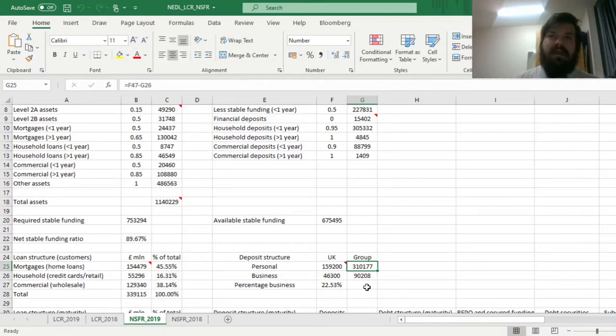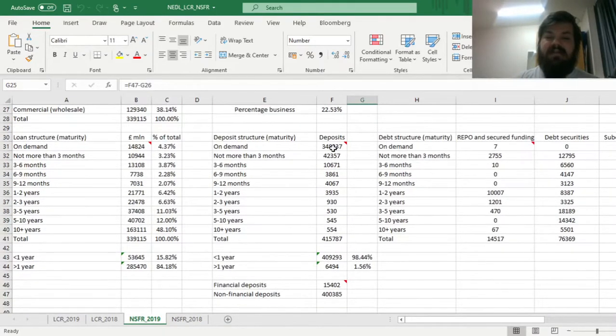and personal deposits by extension roughly 310 billion. And then we can retrieve the maturity structure of total deposits from, again, contractual maturity of assets and liabilities. Here again, we're just interested in deposits that mature in less than a year and more than a year. Here, evidence of maturity transformation is quite striking. Almost all deposits are maturing in less than a year, 98.44% to be precise.